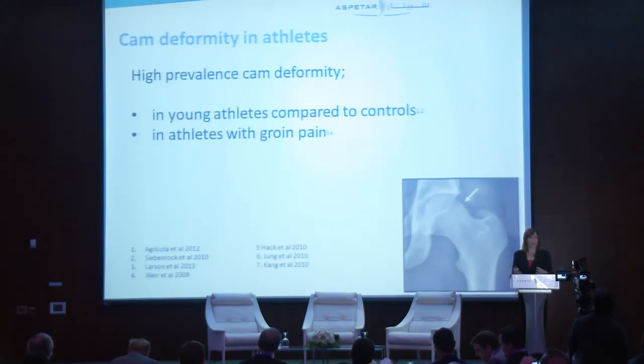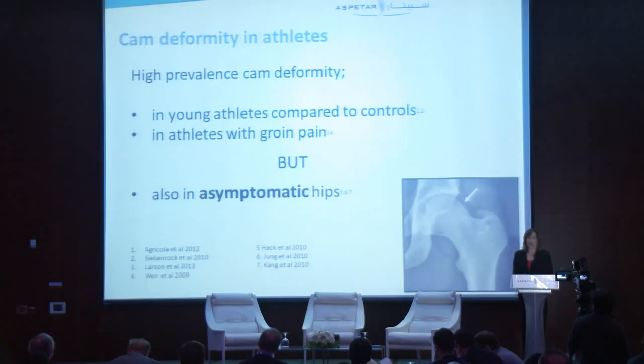So it appears to be associated with athletes that have groin pain. But we also know there's a lot of evidence there's a high prevalence of cam deformity in asymptomatic hips. So currently there's a lot of conjecture about what exactly the relationship is between the cam deformity and the development of hip and groin pain.